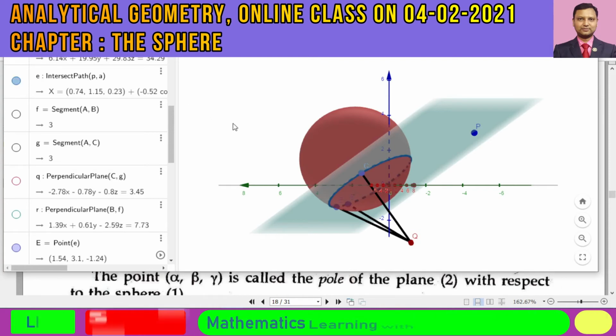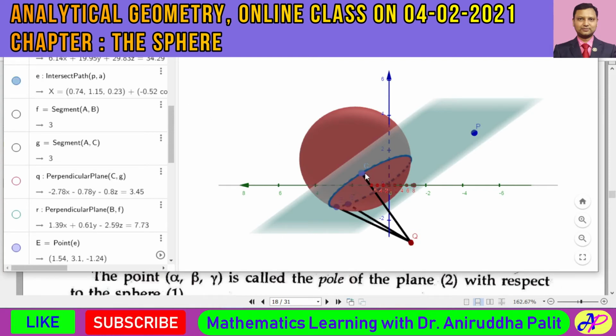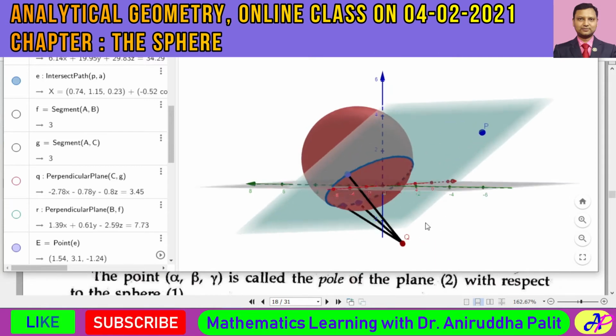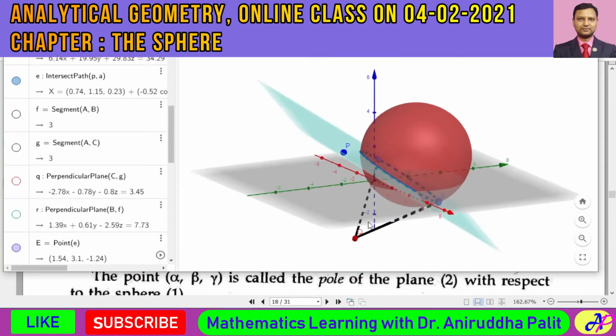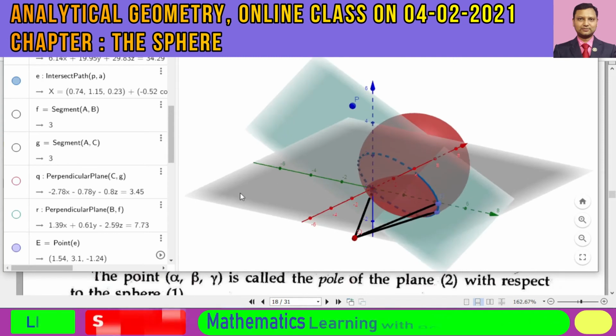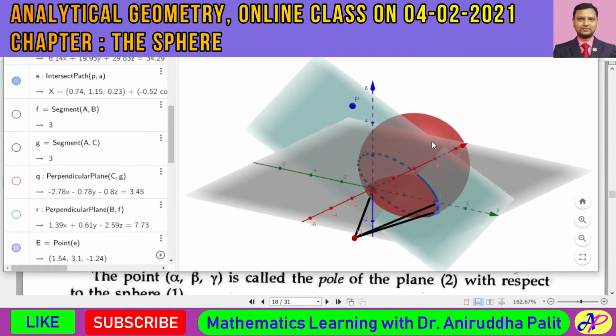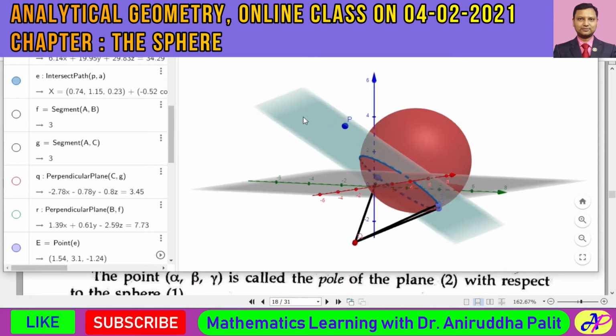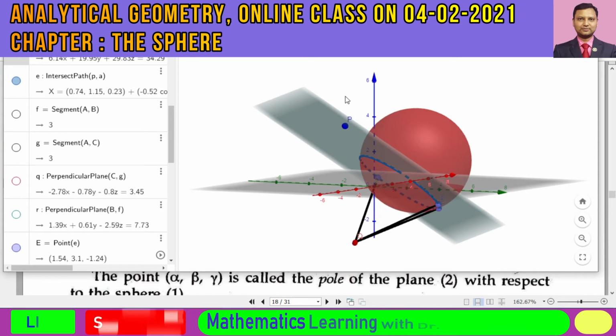On this section, I have considered 3 points. Remember, this plane is actually the xy plane, and we have considered a plane through this point.